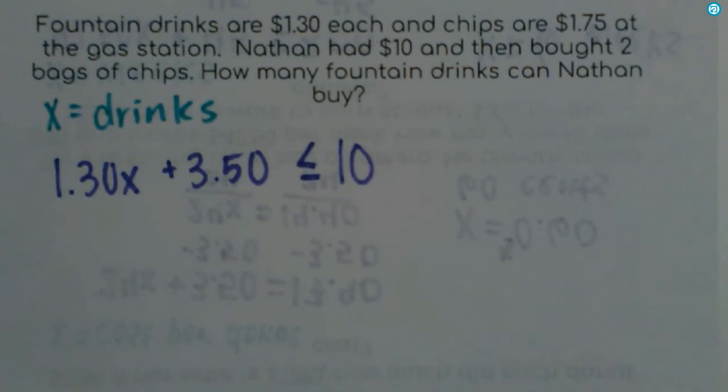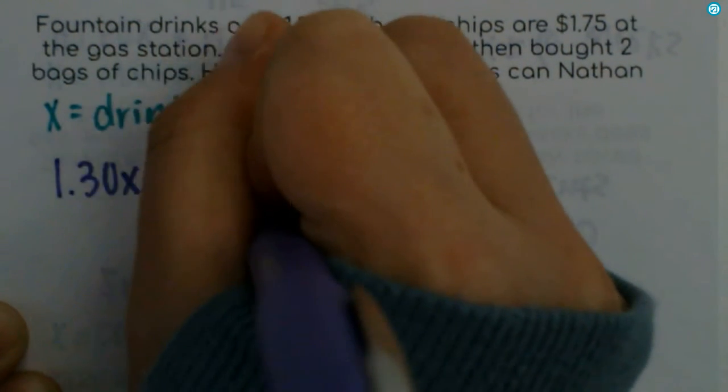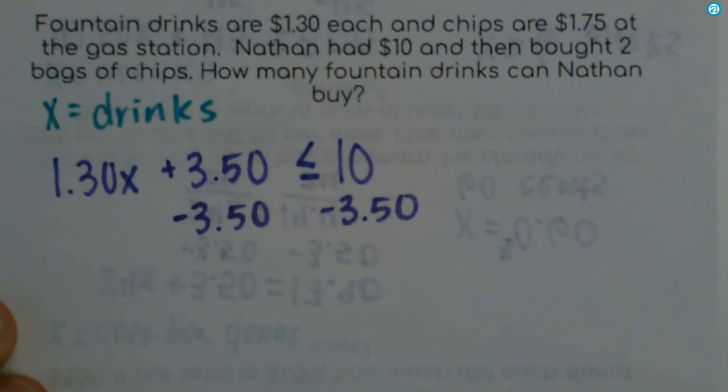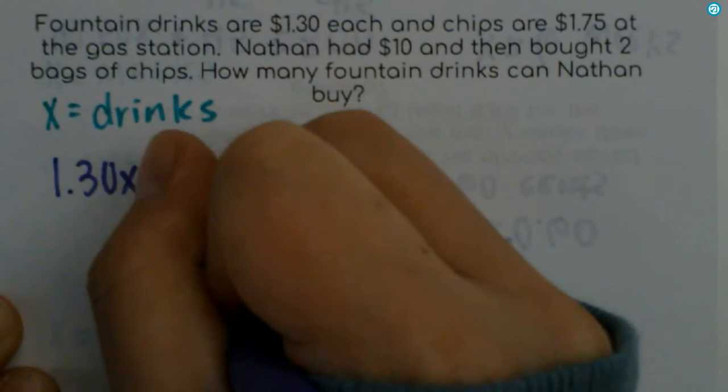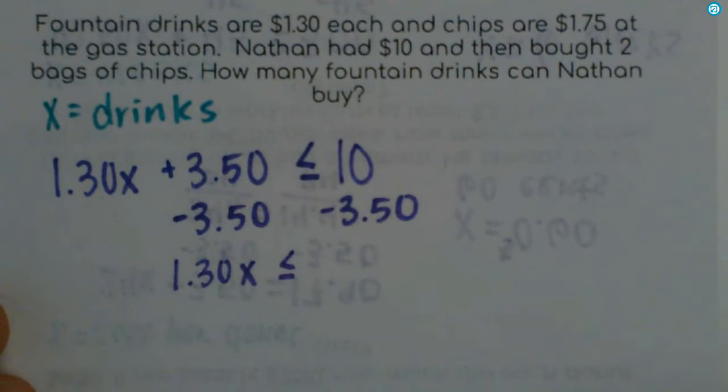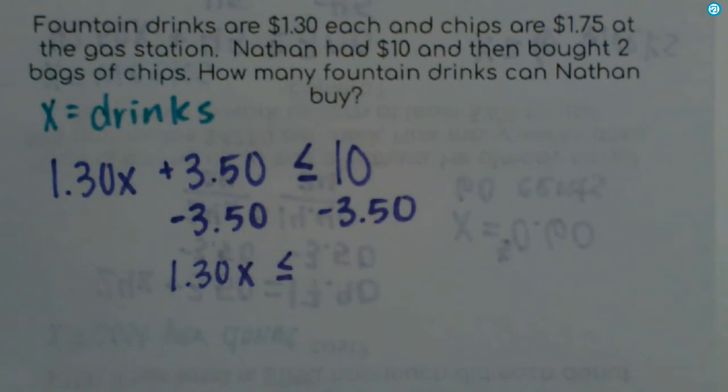Okay, so then we can solve this. We'll subtract 3.50 from both sides. On the left side, we get 1.30x. $10 minus $3.50 is $6.50.